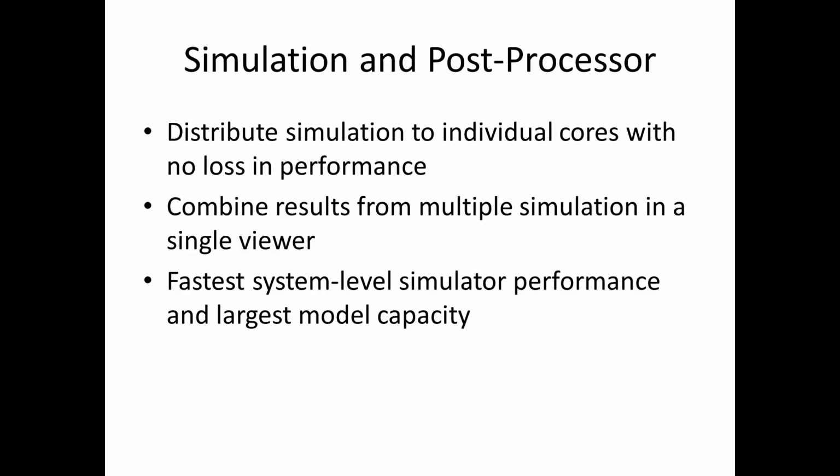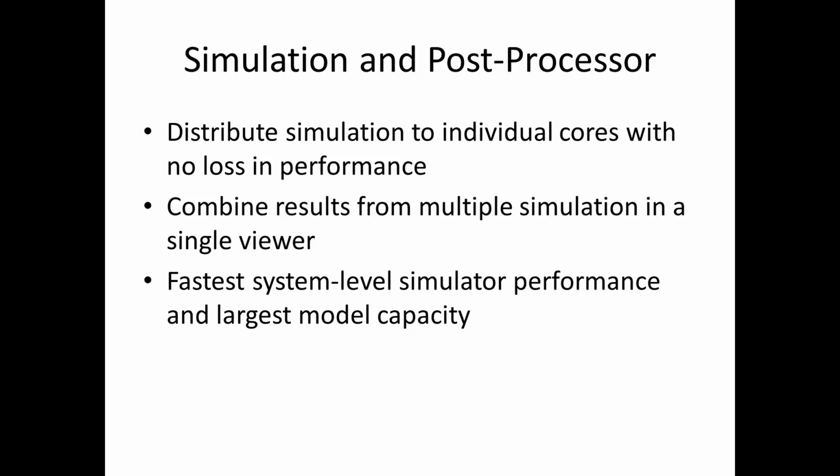results from multiple simulations. Now, one of the things that we pride ourselves on, based on working with over 50 semiconductor companies and over 200 projects, is that we found that we are the fastest system-level simulator in the market today. And one of the things that makes us very unique is we can have extremely large model capacity.